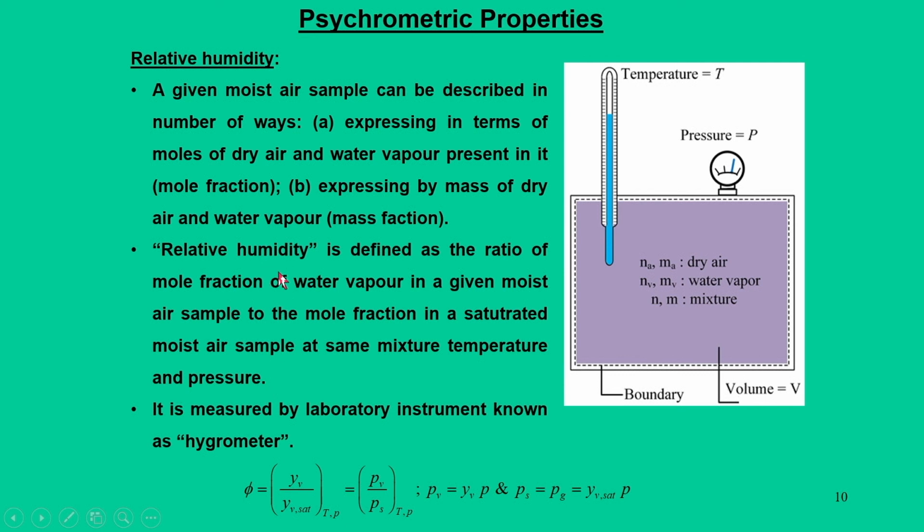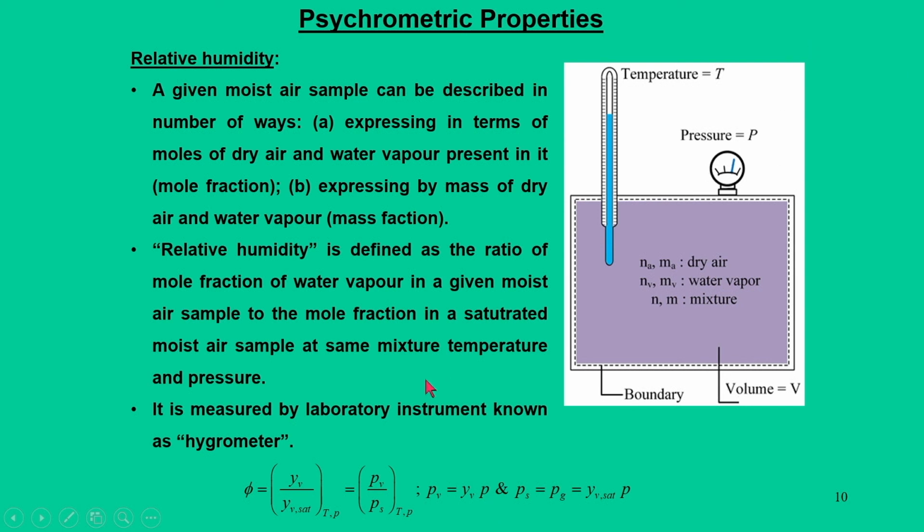So relative humidity phi is the mole fraction of water vapor divided by the mole fraction if the air is saturated, evaluated at mixture temperature T and pressure P. So phi is equal to Pv by Ps at T and P, where the mole fraction can be written as Yv equal to Pv by P, or Yv saturated equal to Ps or Pg divided by P, where P stands for the total pressure.